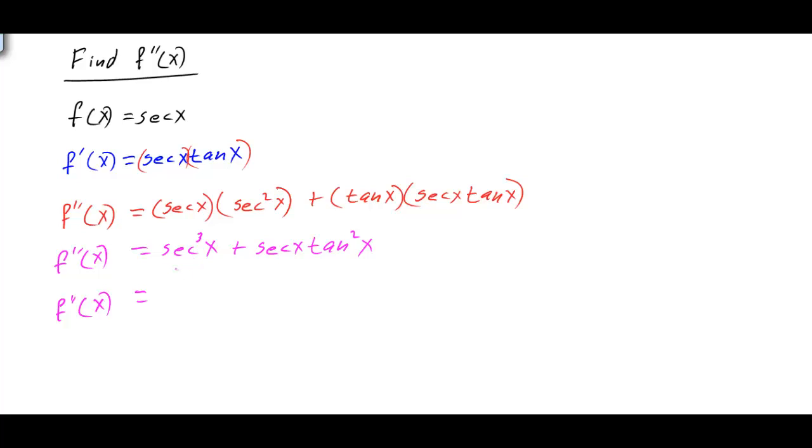They both contain a secant, so we could factor out a secant x. So we're left with secant squared x plus tangent squared x. And there's the second derivative of our secant function.